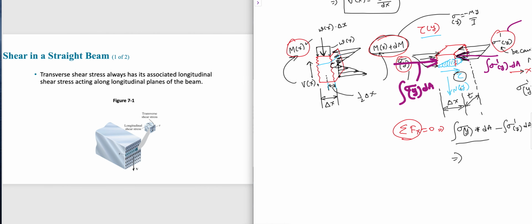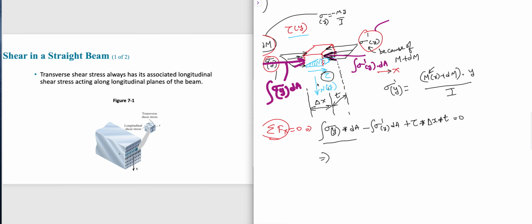So when you go over to this part here, we know what sigma y is. It is the moment at that cross section times exactly which y we're talking about. By the way, this is negative, at which point above the neutral axis we're talking about. And what is this I? I is the moment of inertia of that cross section.